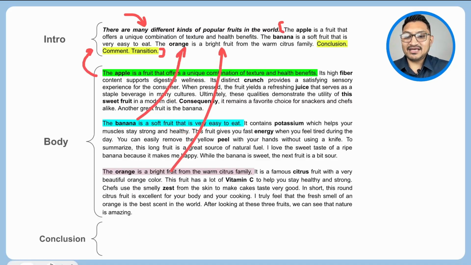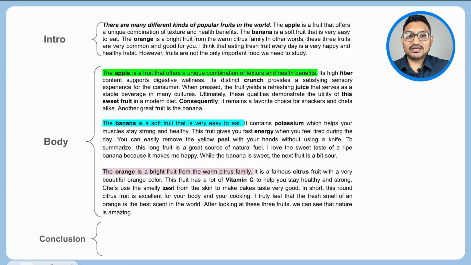See? But still, this introduction is not complete yet, because I'm going to use again a conclusion, a comment, and a transition to complete the paragraph formula. And now I have a fully formed introduction.